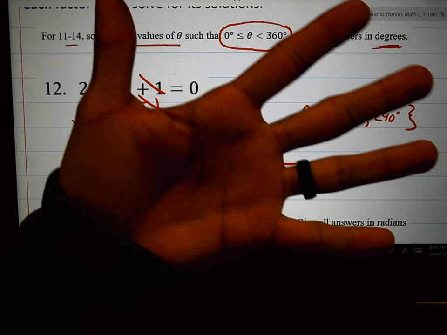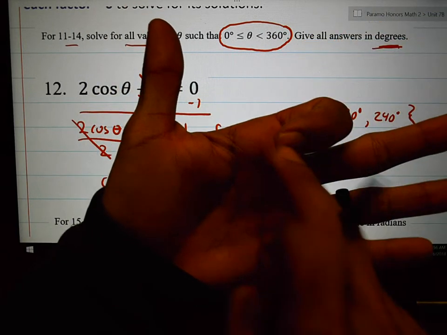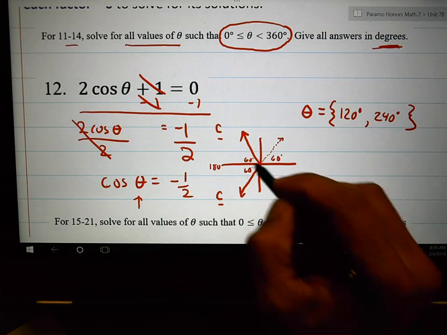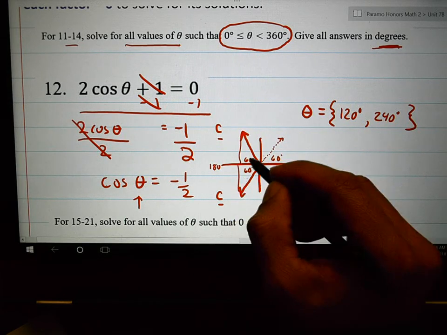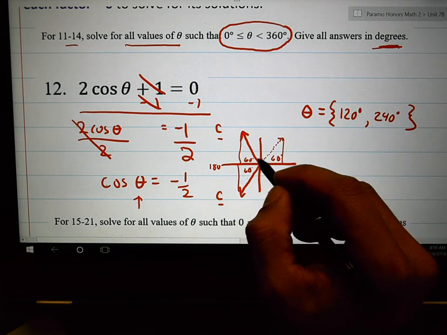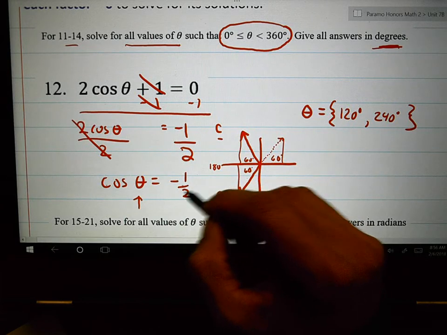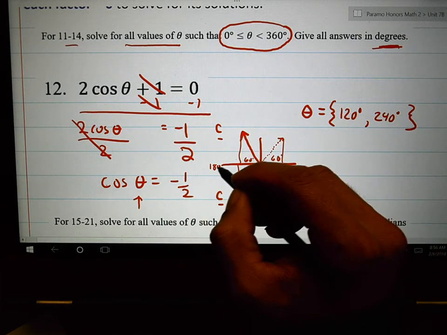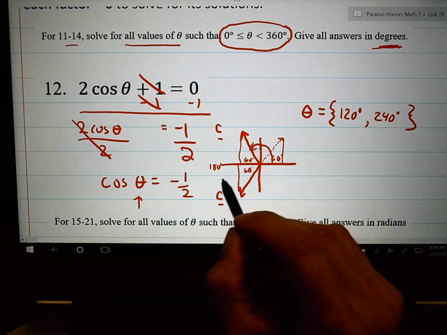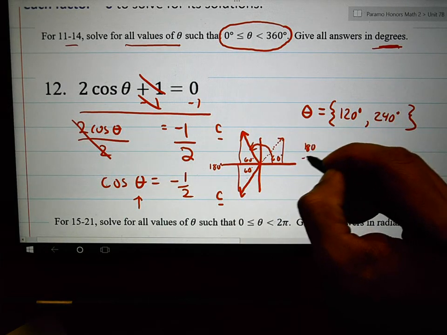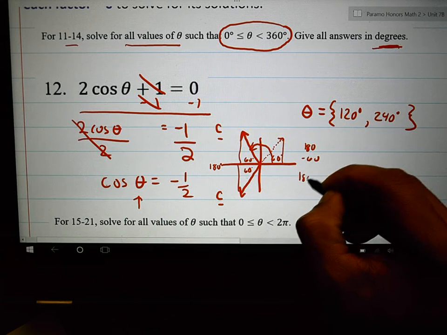The cosine ratio we knew had a 60-degree reference angle. So that must mean the x-coordinate is going to be the same. We want the x-coordinate to be negative 1/2, and so if I know this is 180 degrees and I'm trying to find that angle, I should just do 180 minus 60 and then 180 plus 60.